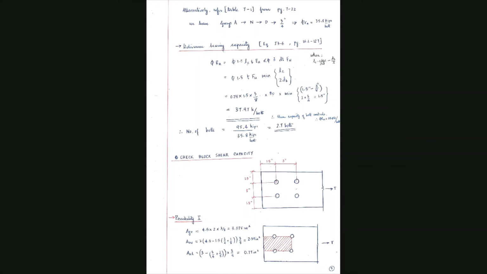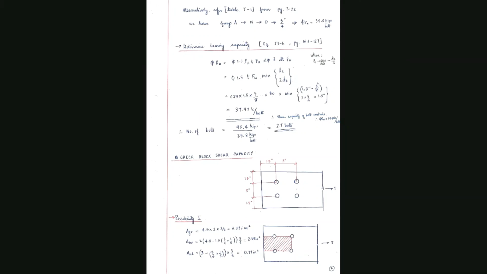The phi value is 0.75, 1.5. T is the least thickness, 3 over 8. Your F ultimate is 80 ksi for this grade of steel, and the minimum of LC and 2 times the diameter of the bolt. As we discussed earlier, LC is edge distance minus half diameter. This LC we already found in the beginning, so it's 1.5 minus half the diameter of the bolt.